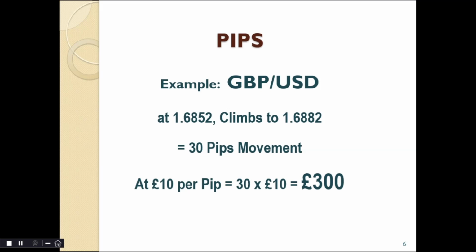Now, if we are told that 1 pip pays at £10, eventually 30 pips will pay at 30 times 10, which is £300. That is exactly how you'll be using pips in calculating the profit you make in trade.